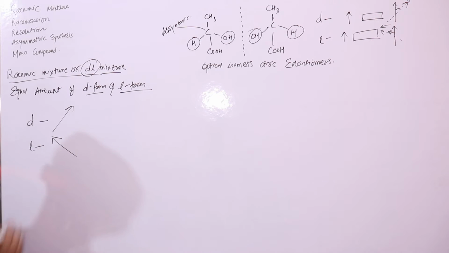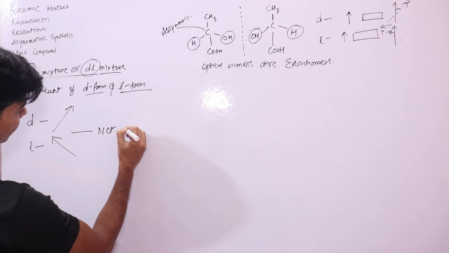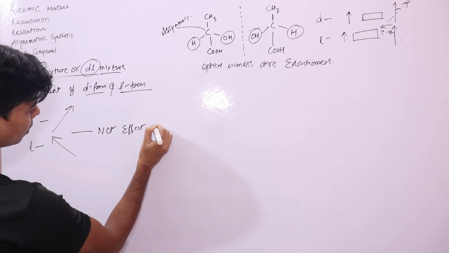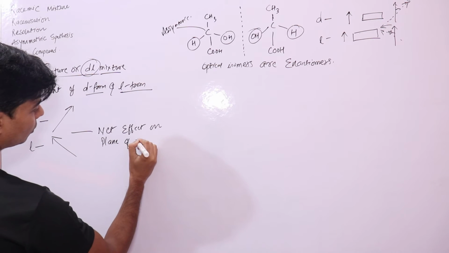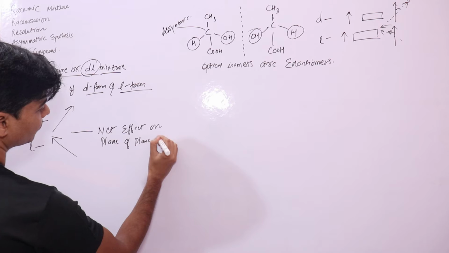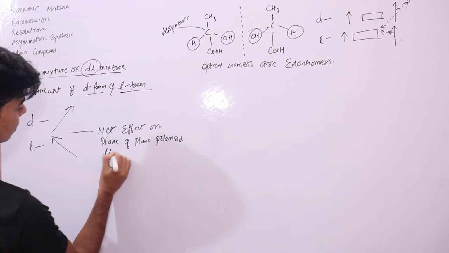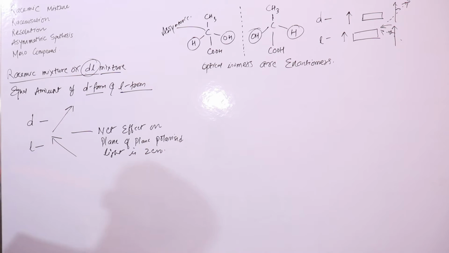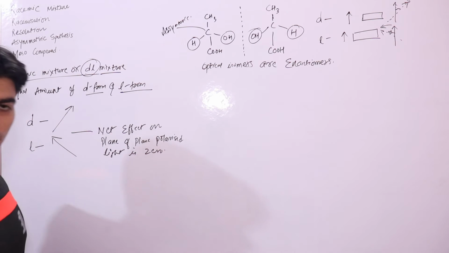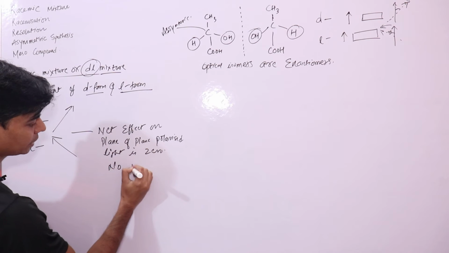So in a mixture that has this and this form in equal amount, the net effect on plane polarized light is 0. That means it will not rotate the plane of polarized light, right? No rotation.